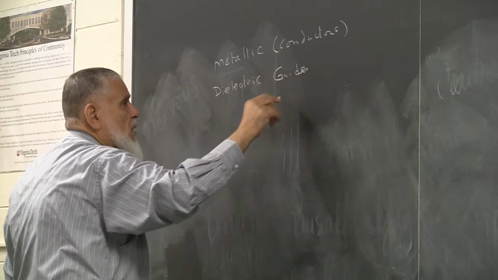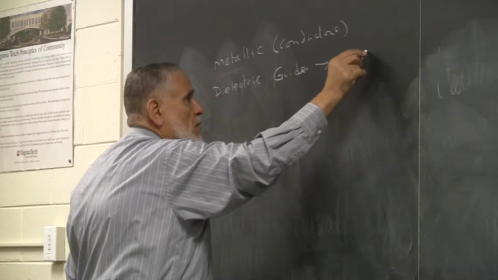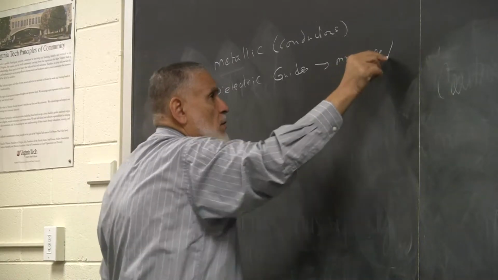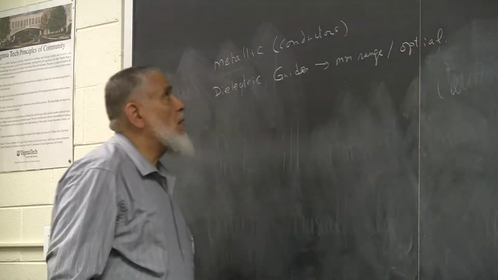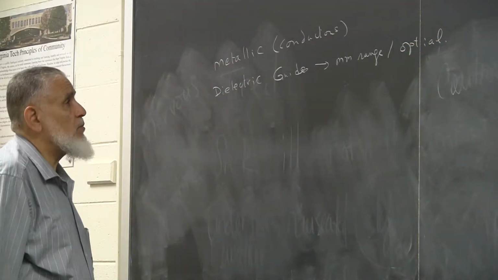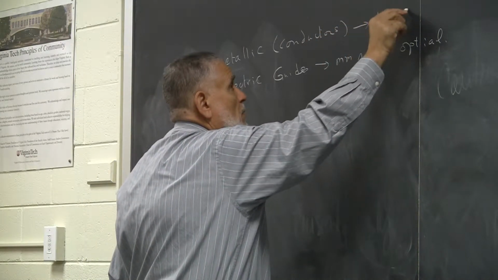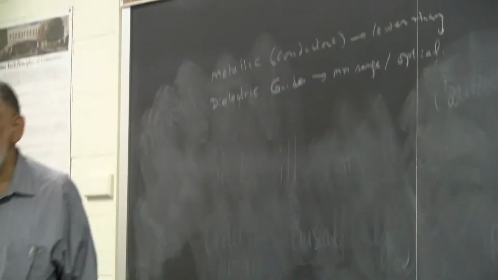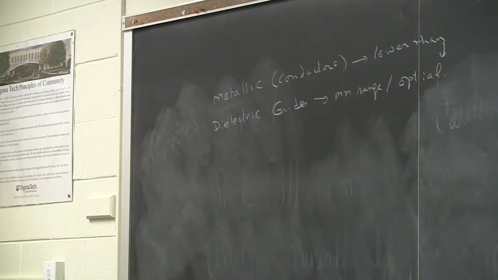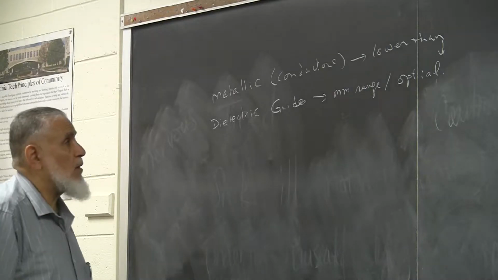Dielectric waveguides typically are used in the millimeter range as well as optical range. Metallic waveguides are typically used in lower frequencies, lower than those, right? I'm not talking about DC, obviously. I'm not sending megahertz. We're talking here about still gigahertz, but not quite reaching into that.